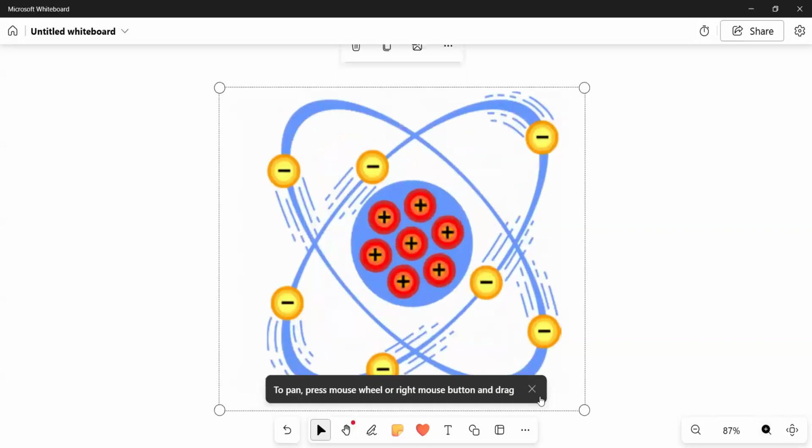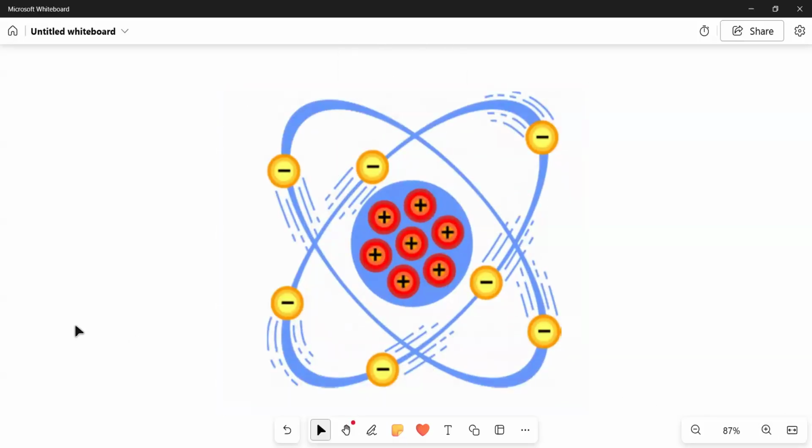So here is a model of the atom, right? And the atom is like the building block of all matter. If we were to divide matter up to its smallest pieces, we come down to what we call atoms.